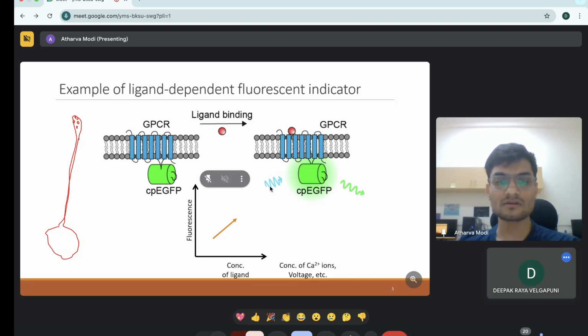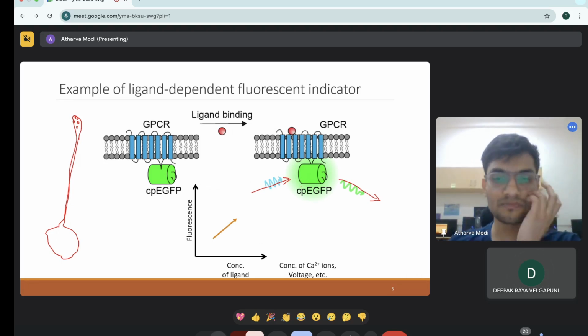This is what we are shining. Basically any source of light which you shine on this protein and this cell, it will emit a different wavelength. That's the property of these fluorescent proteins. But if you shine the same light here, you will not get that emission.